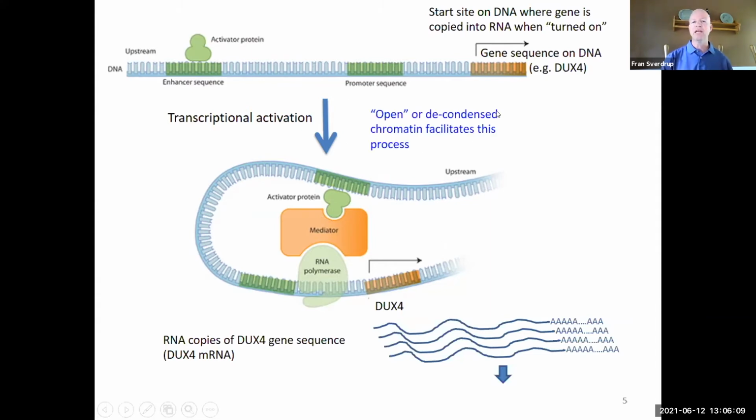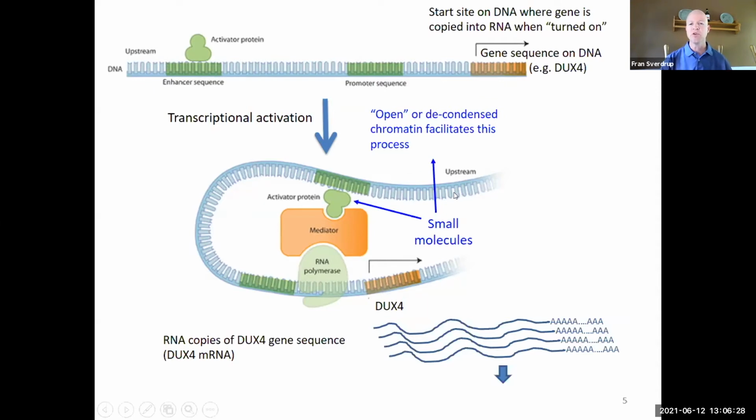Open and decondensed chromatin facilitates this process, but there's more than that. You need to actually turn it on with all these transcription factors. And so small molecules could potentially affect both of these processes.